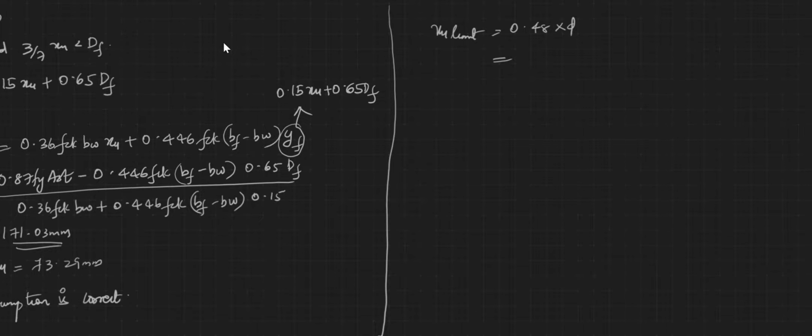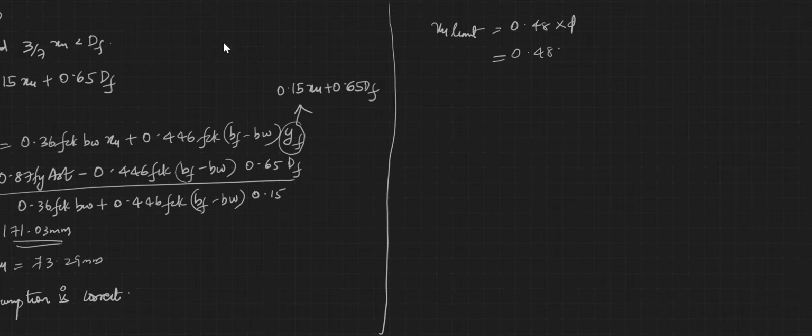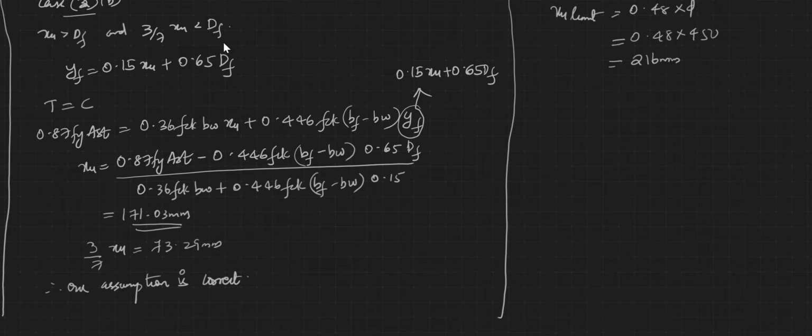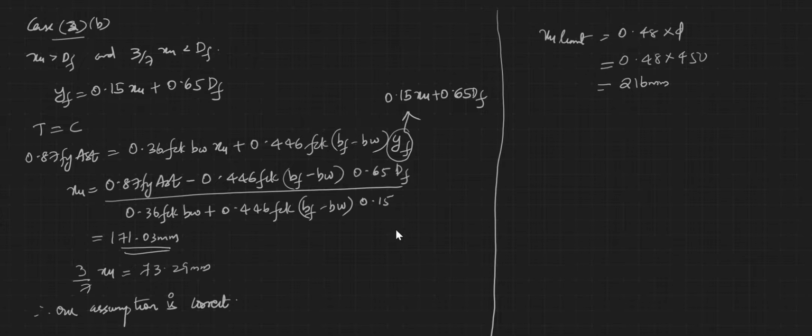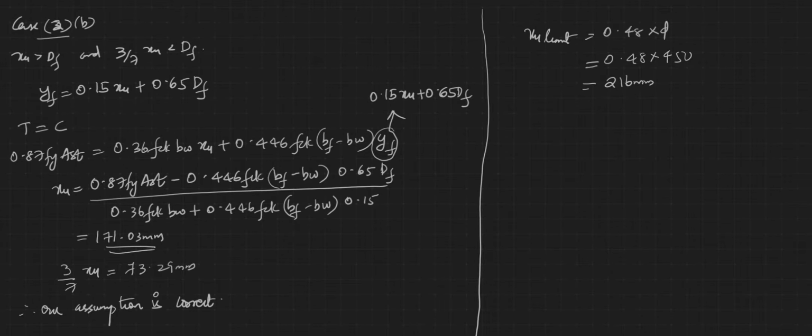So XU limit is 0.48 into D, that is 216 mm. But our XU value is 171.03, which means the section is an under reinforced section. I can write here XU less than XU limit, therefore under reinforced section.